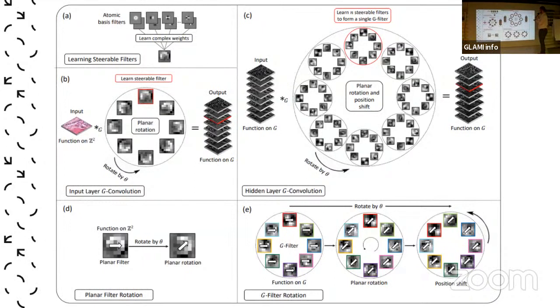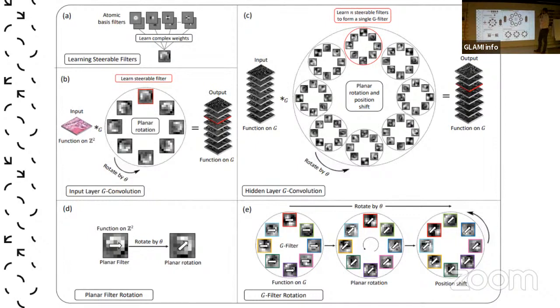And then the more complicated ones, the G convolutions, are the image C, where again you have these individual filters, but then you do the additional shift that I mentioned before, which is at the core of creating equivariant neural networks.